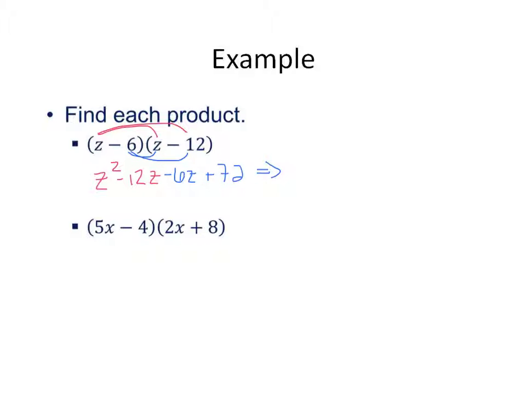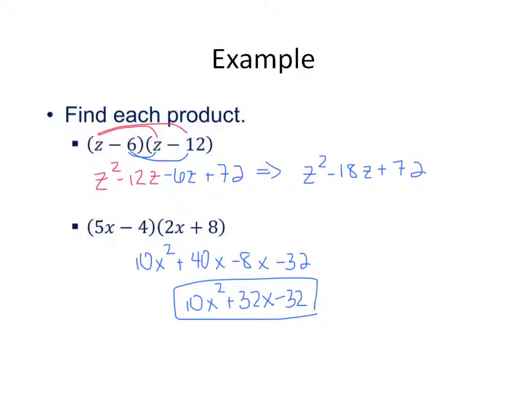Then we combine like terms: z squared minus 18z plus 72. Why don't you see if you can do the next one? Go ahead and pause the video. Okay, you should have gotten 10x squared plus 32x minus 32. Very similar to the last ones. These do have leading coefficients, but that doesn't change anything.